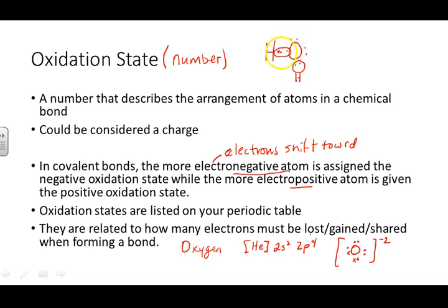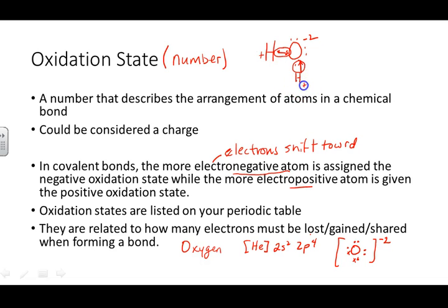And this would represent 1 covalent bond, 2 covalent bonds, but the electrons are going to shift because of the more electronegative atom, meaning oxygen. This is the more electronegative atom, so this means that we have these 2 extra electrons from hydrogen shifting toward the oxygen. That gives it a -2 charge. Each hydrogen has 1 electron shifting away from it toward the oxygen, giving it a +1 charge.